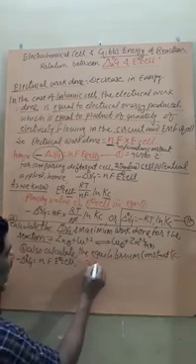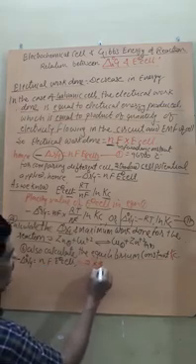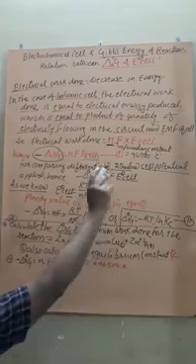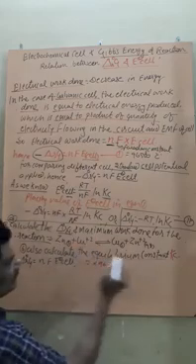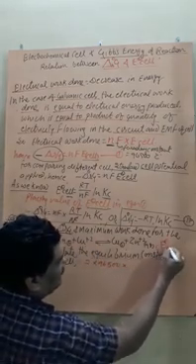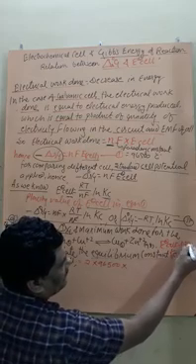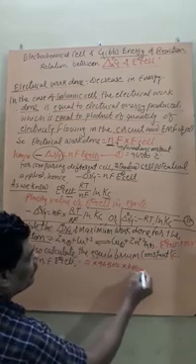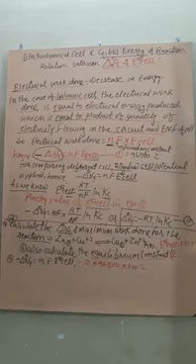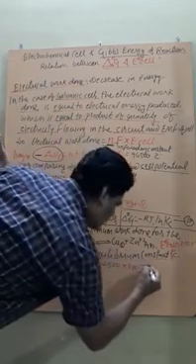What is the value of n? 2 electrons participate. Therefore it is 2 into F, the Faraday constant, 96500, multiplied by E standard cell for the zinc and copper system, which is 1.10. So you will get the value 212300.